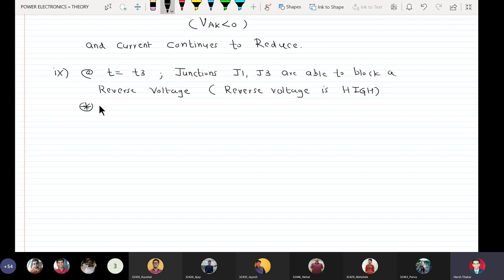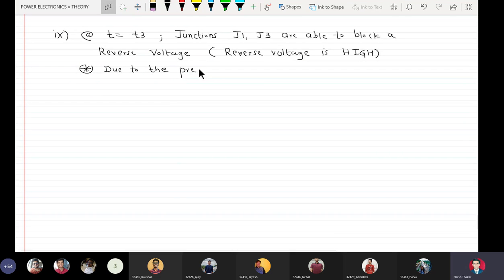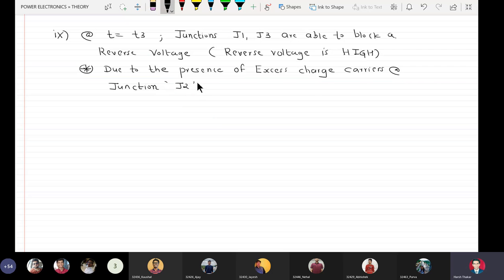One important point here is that due to the presence of excess charge carriers at junction J2, the SCR is unable to block the forward voltage.